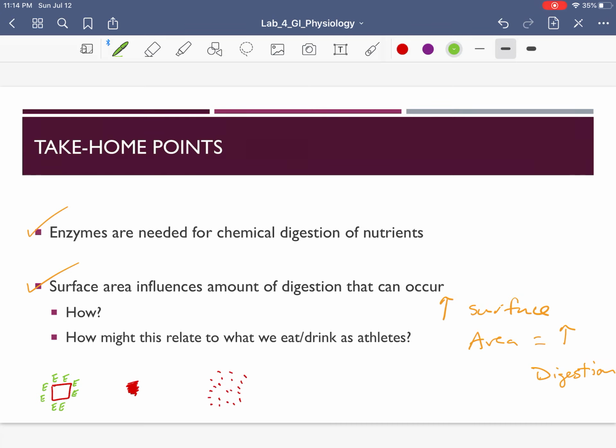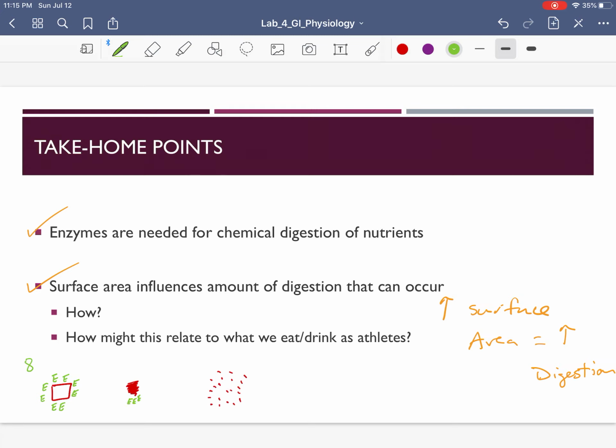Based on this whole potato piece, based on the surface area that is showing, I can only fit 8 enzymes. 2, 4, 6, 8. When the potato is mashed, it's almost like the surface area is spread out more because we've mashed it.